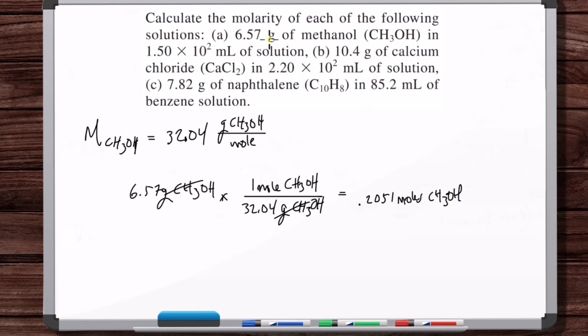Okay, so we've got this many moles of methanol in solution, which is useful if we're trying to calculate the concentration in molarity of a certain substance.